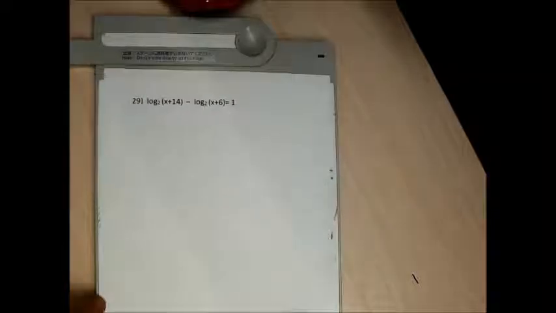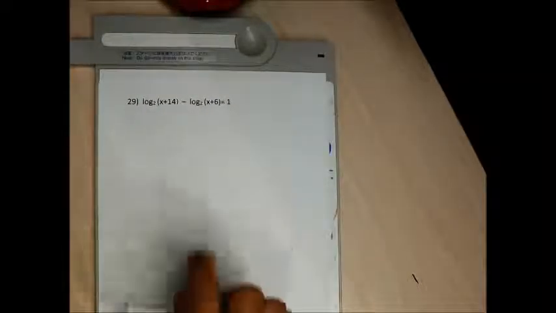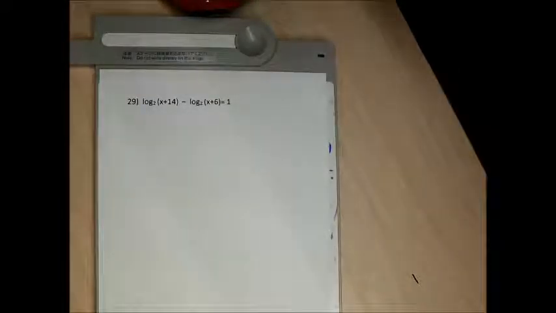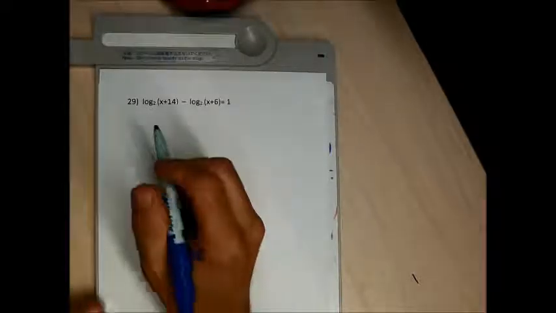29 is tricky because it has 2 logarithms, but they're on the same side of the equation, and it has a number to the right of the equal sign that doesn't have a logarithm. Ultimately, I'm going to solve this like 25, 26, and 27, meaning ultimately I'm going to scratch out the logarithm and create an exponential equation. For problem 29, it has 2 logarithms on the same side of the equation that I need to condense to one logarithm.